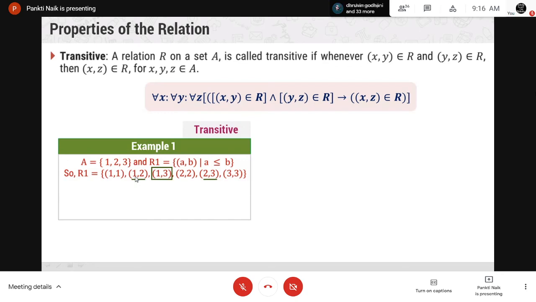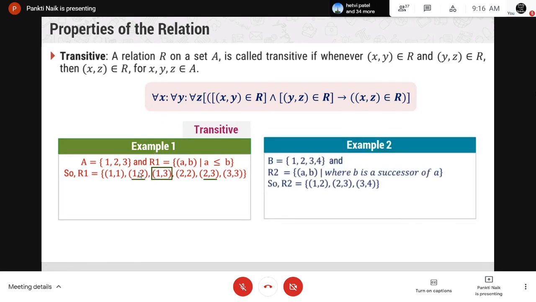Here x is 1 and z is 3. So (1, 3) is also a member of R1, right? So we can say that this relation is a transitive relation.